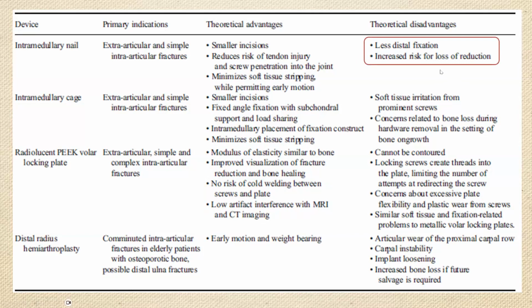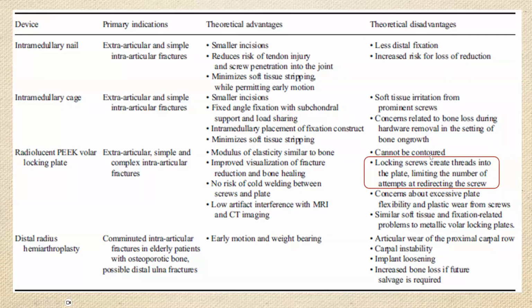Coming to the most important disadvantages, there is an increased risk of loss of reduction with the intramedullary nail, particularly with small extra-articular fragments. More importantly, the intramedullary cage is a very bulky space-occupying device within the medullary cavity, so there are increased concerns of possible bone loss during hardware removal due to excess bone growth onto the implant.